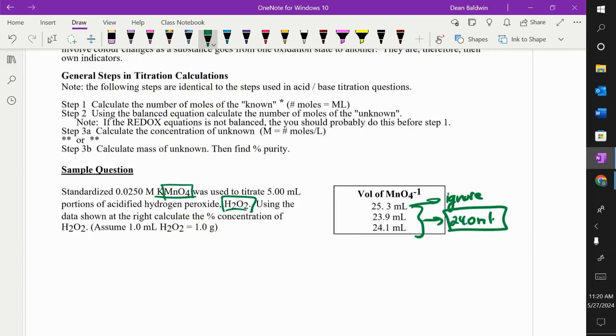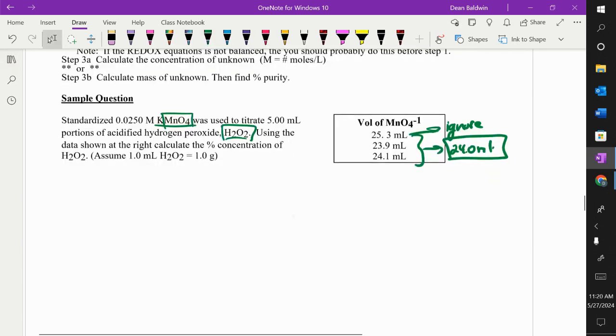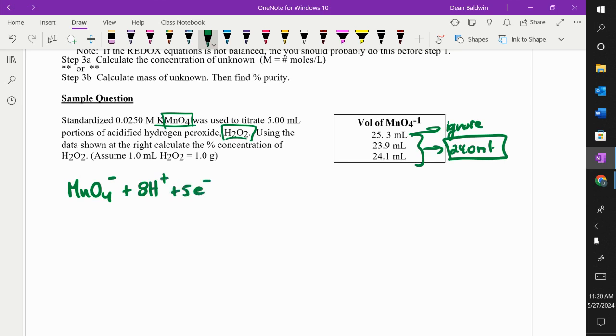So we're going to write that out here, and it's going to be MnO4- + 8H+ + 5 electrons goes to Mn2+ and 4 H2O.